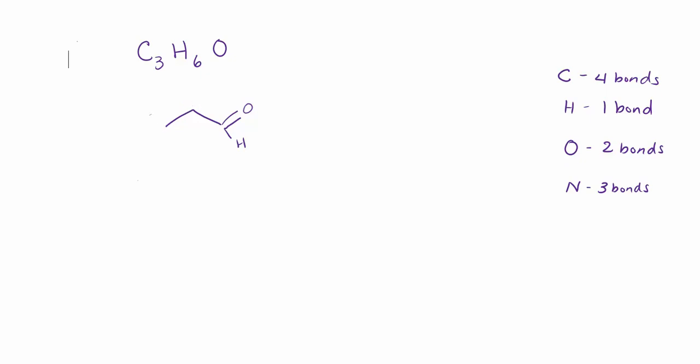So here I have used my 6 hydrogens, I have used my oxygen, and my 3 carbon atoms. So the first structure I drew, this is called propanal. You see the aldehyde functional group here at the end and the 3 carbons. So what else can I draw with these 3 carbons? Well, I could make an ether like this. This is a CH2. This is a CH3. That uses too many hydrogen atoms.